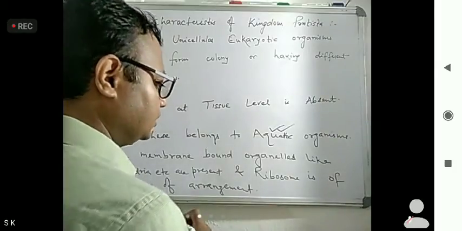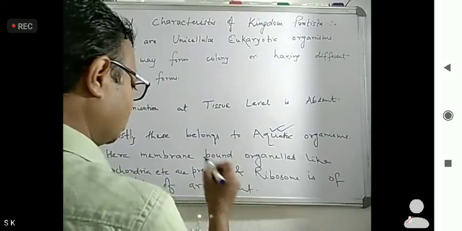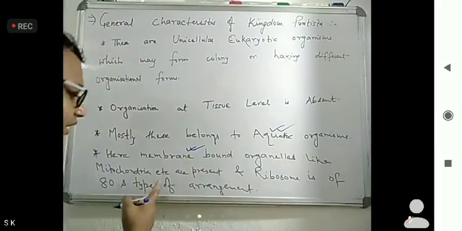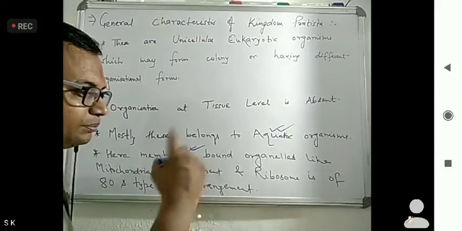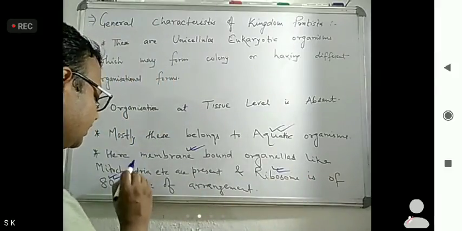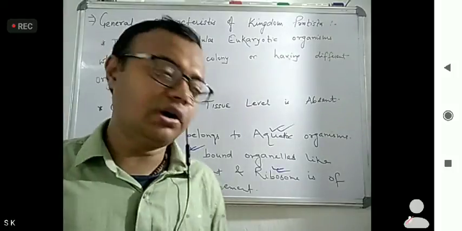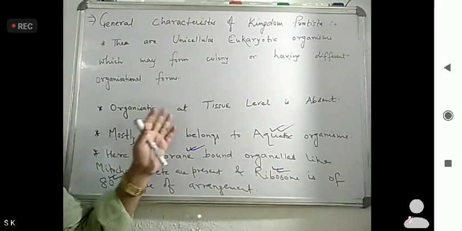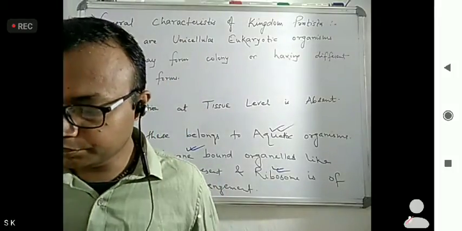Previously membrane bound organelles were absent, but here they are present, and previously the ribosome was of 70S type, but here 80S type is found in Kingdom Protista.